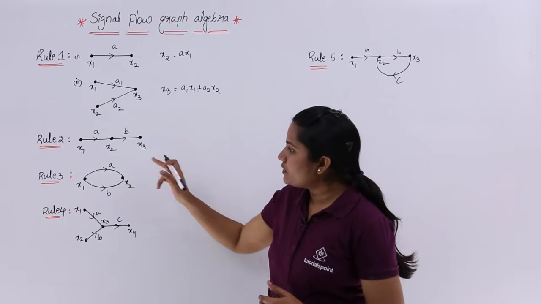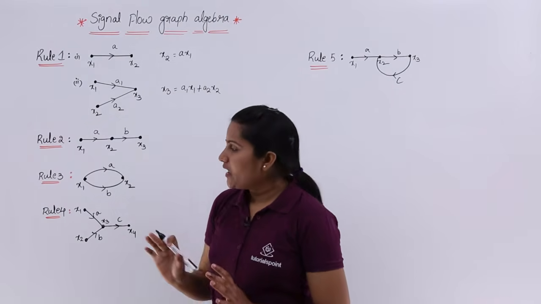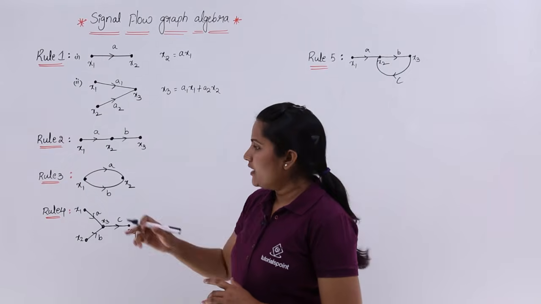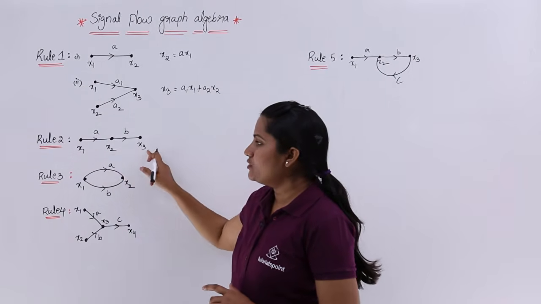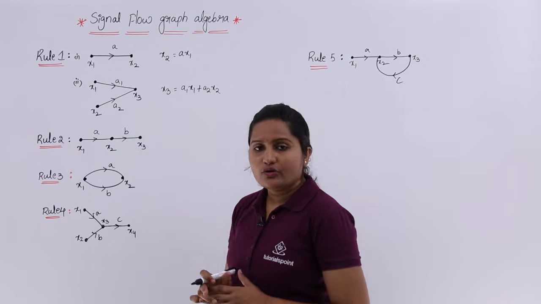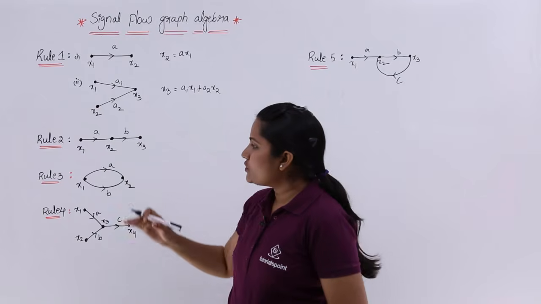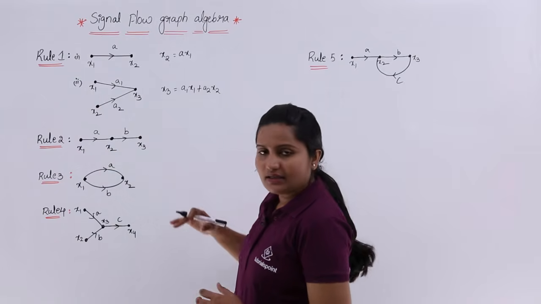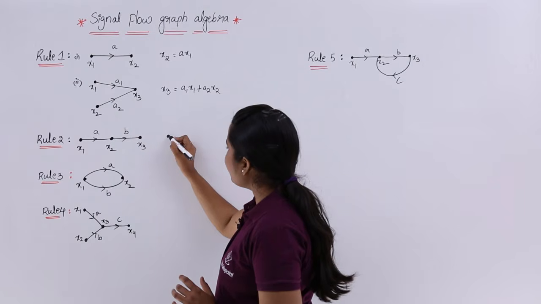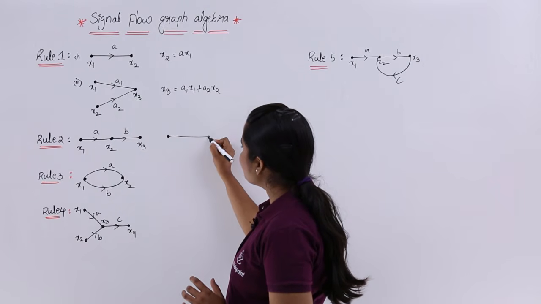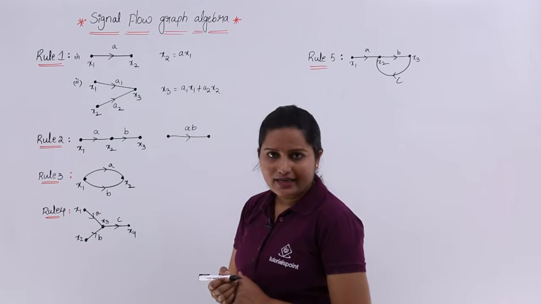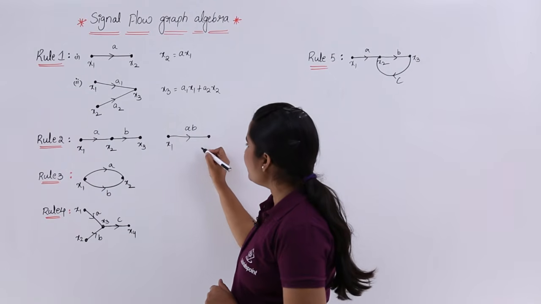Now coming to rule 2, if you are having branches and nodes like this, with 3 nodes x1, x2, x3 and 2 branches connecting these 3 nodes, you can take out this x2 and take this signal flow graph with just 2 nodes, by multiplying the gains.